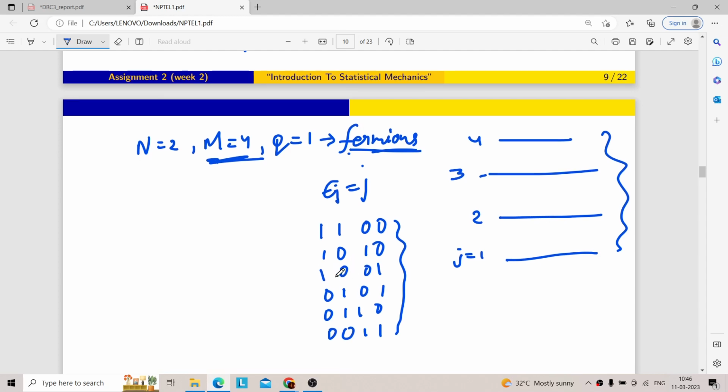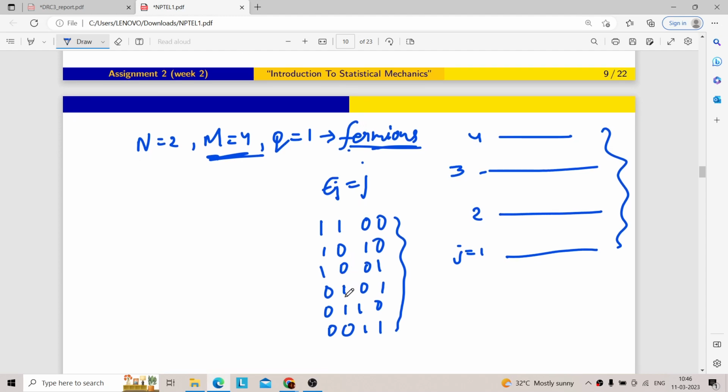Or do you see any other way that I am missing? Anyone? As they are fermions, we can't put 2 particles in a single state. So these are the only ways we can arrange these particles, right?